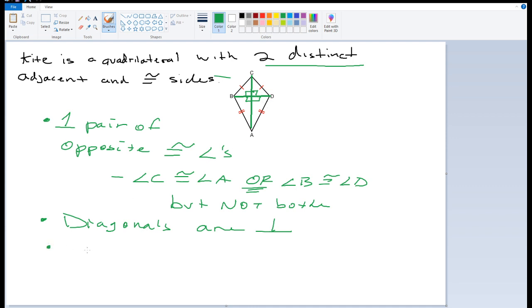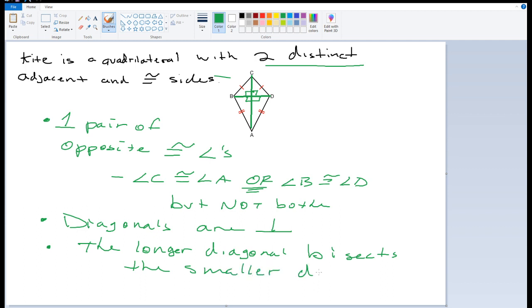Additionally, since we're talking about diagonals, we can say that the longer diagonal bisects the smaller one, or the shorter diagonal. So what that means is that CA bisects BD.